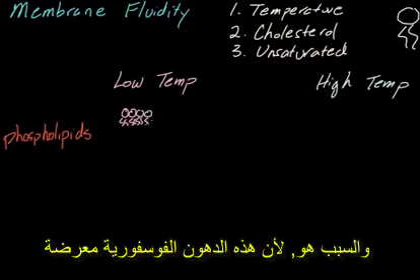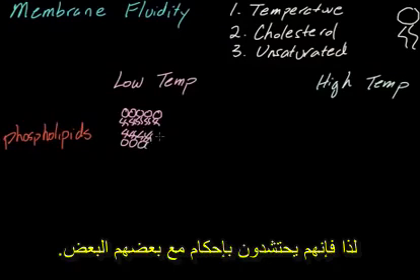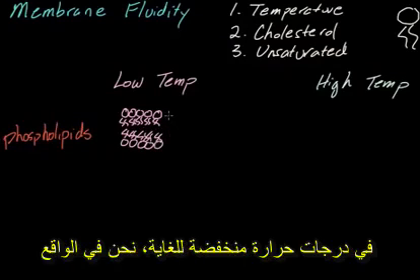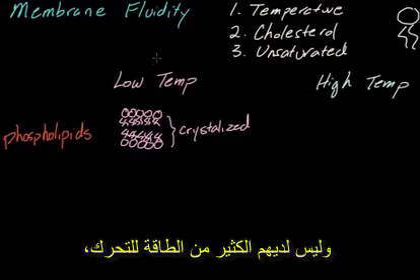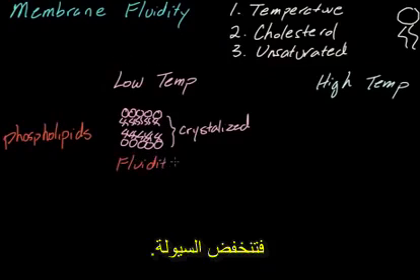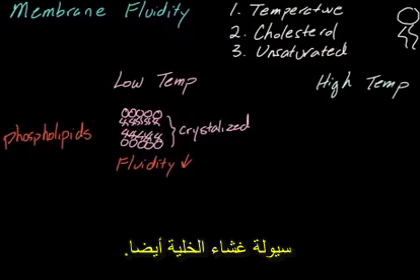The reason is that these phospholipids are at a low temperature, which means they don't have a lot of energy to move around a lot. So they're going to huddle really close together. At extremely low temperatures, we call this a crystallized state. And since they're huddled so close together and don't have a lot of energy to move around, the fluidity is pretty low. So as the temperature decreases, the fluidity of the cell membrane also decreases.